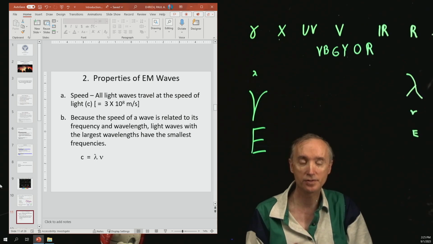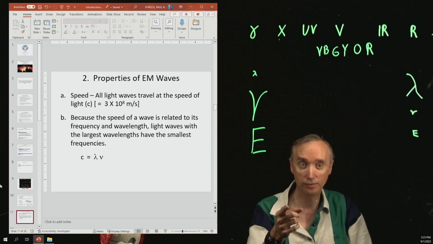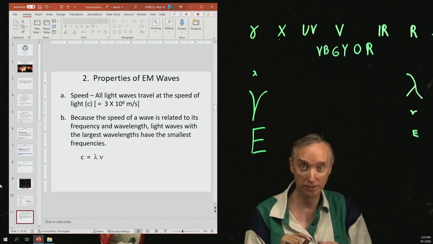So that means that if you want to go from Earth to the moon going at the speed of light, which is full impulse power, or warp 1 if you're a Star Trek fan, you could do it in the blink of an eye.